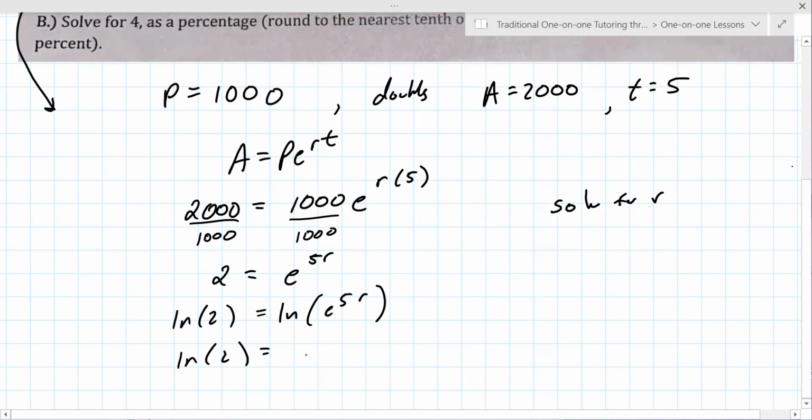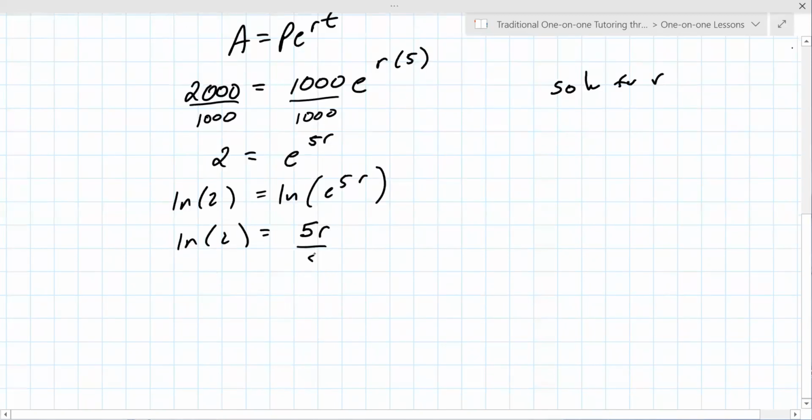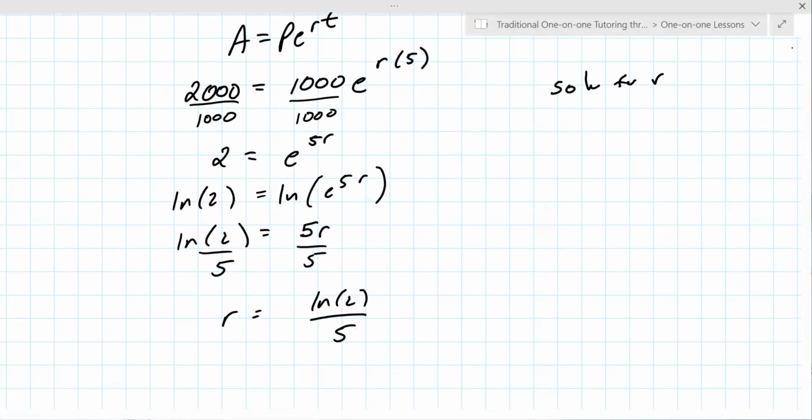The natural log undoes the e, so this becomes 5r. Then you divide both sides by 5. So r is equal to the natural log of 2 over 5. That's your answer. You do have to use a calculator to get your final number. If you need help with that, let me know. Otherwise, I'll get you the answer over here, and you can compare to what you have. So 0.1386.